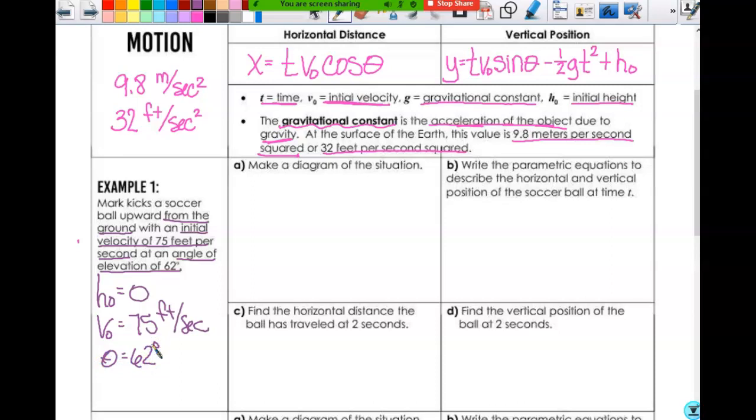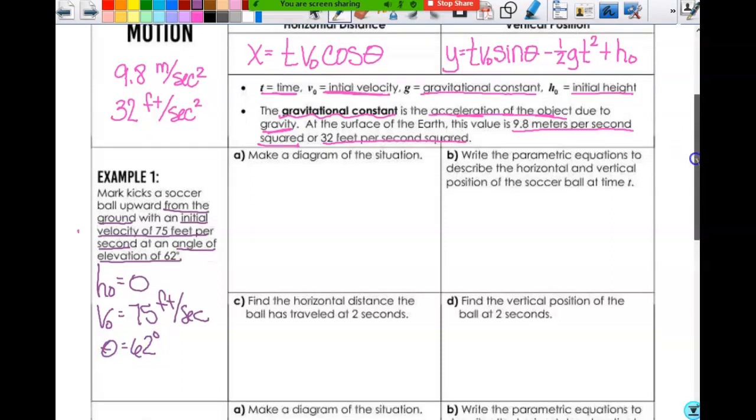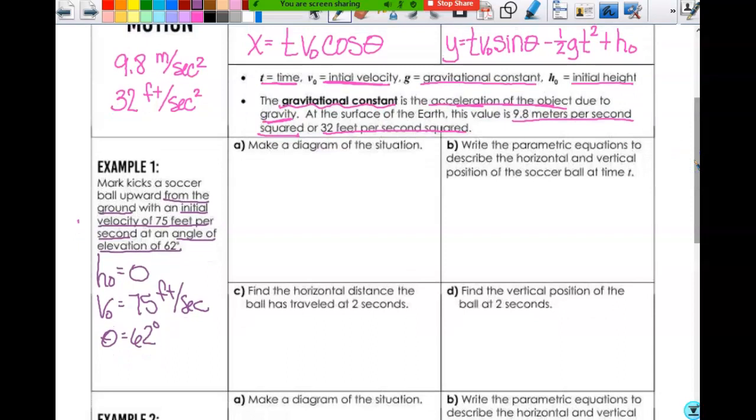The other thing I can get from this right now is the gravitational constant, because again, it is a constant. I just have to know my units, and we're talking about feet here, so my gravitational constant is going to be 32 feet per second squared. Okay. Everybody good with all that and where all that came from?